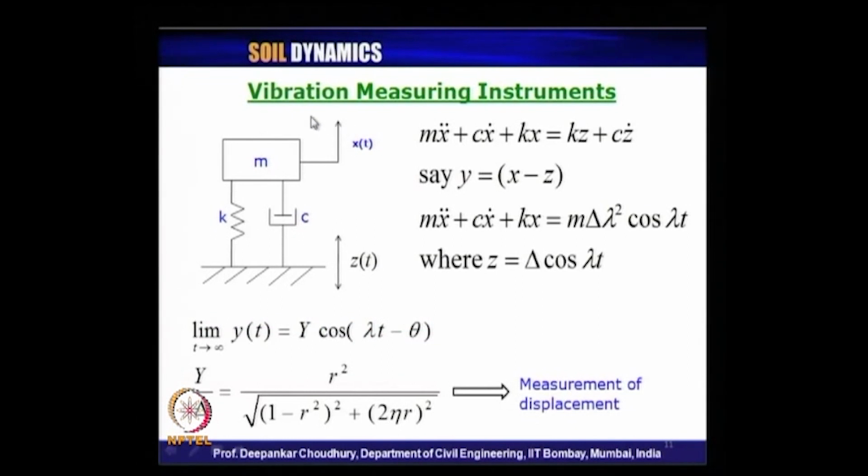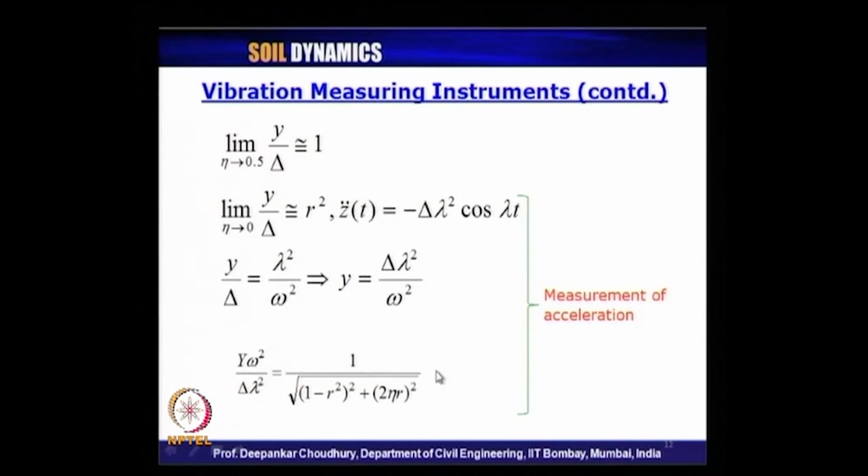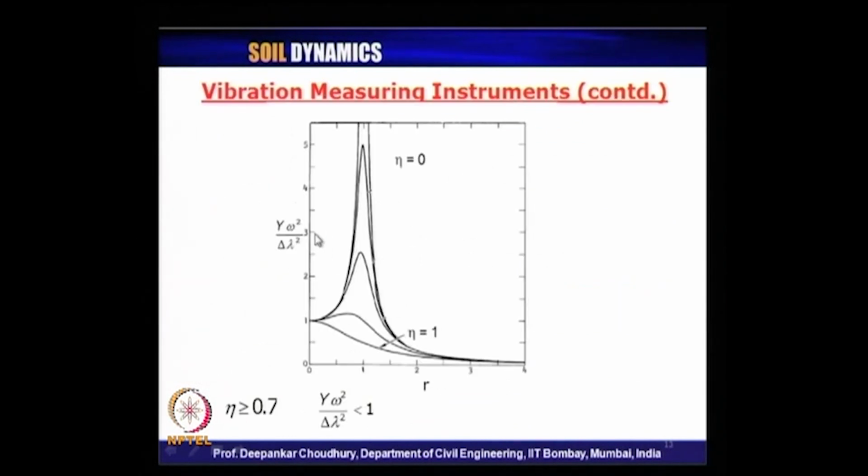Then we have seen how vibration measuring instruments are designed to measure the vibrations of the ground, and the measurement of displacement can be carried out. This also varies in profile with respect to different frequency ratio, and for a value of eta greater than 0.7, whatever be the value of r, we have seen this magnitude will always be less than 1.